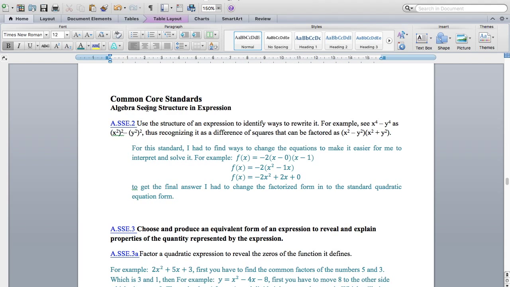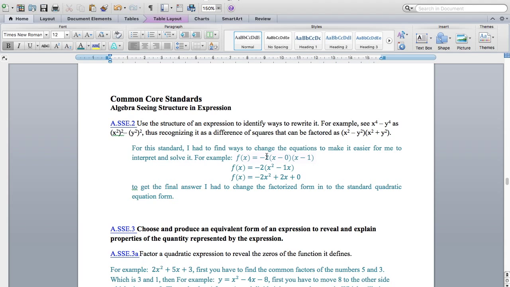And here are the common core standards I have learned in quarter 2. A-SSE 2 was to use the structure of an expression to identify ways to rewrite it. And for this standard, I have used this example, which is really similar to the quadratic formula I used throughout phase 1 and phase 2 of the big project.